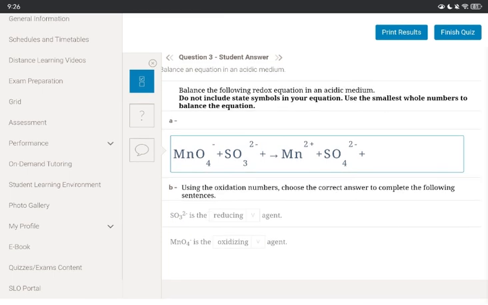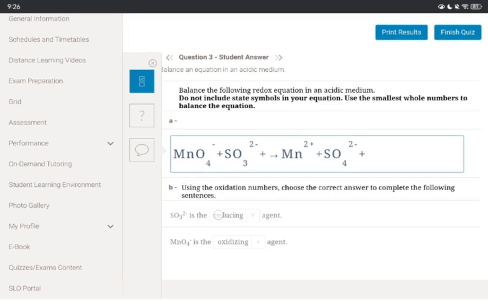So look here. Which one got oxidized? This one, it lost an oxygen. Not this one, it lost oxygen. See, it doesn't have oxygen anymore, and this one gained it. So that means this one got oxidized, this one got reduced.